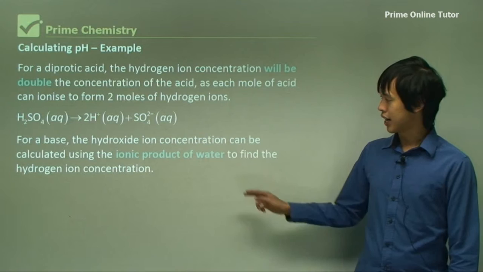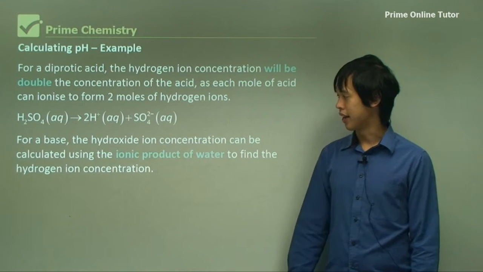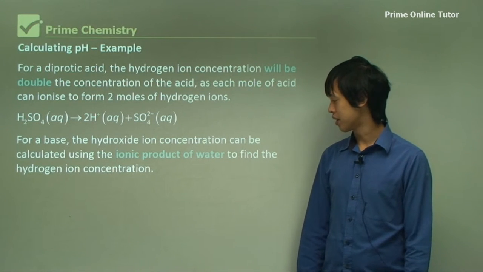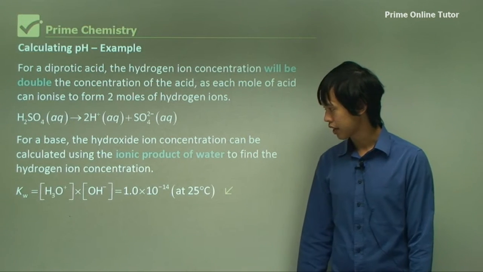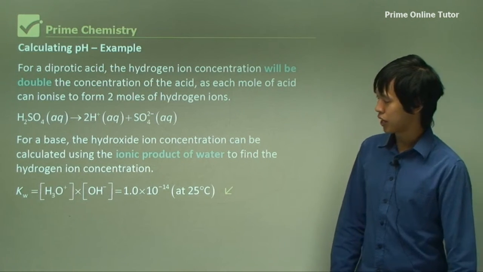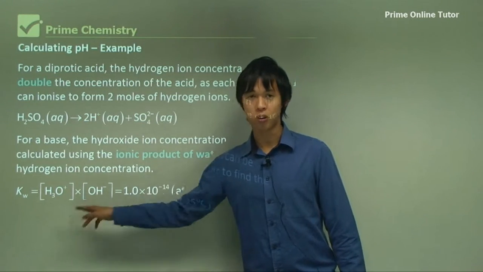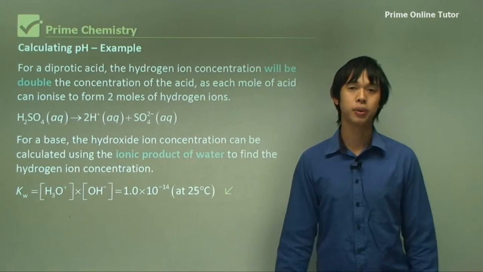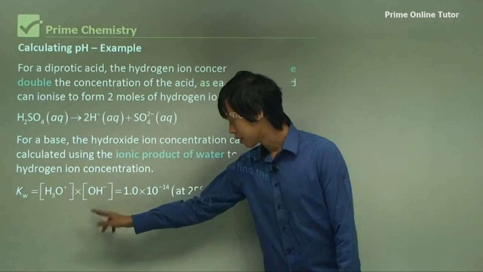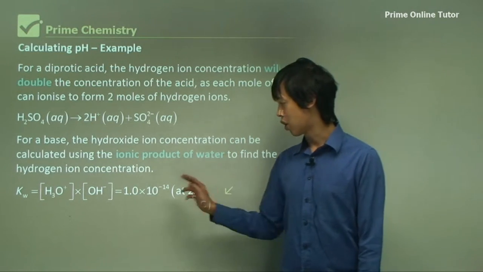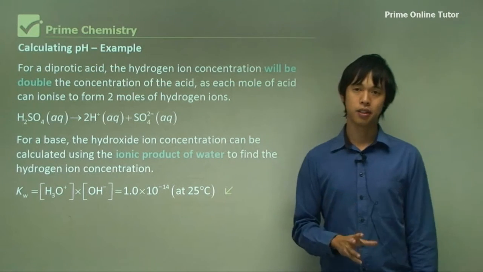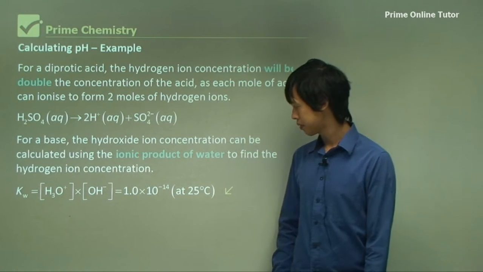For a base, the hydroxide ion concentration can be calculated using the ionic product of water to find the hydrogen ion concentration. Okay? So we know that the concentration of hydronium, or H+, you can use them interchangeably, it doesn't matter, times the concentration of OH- is always 1 times 10 to the minus 14, okay?